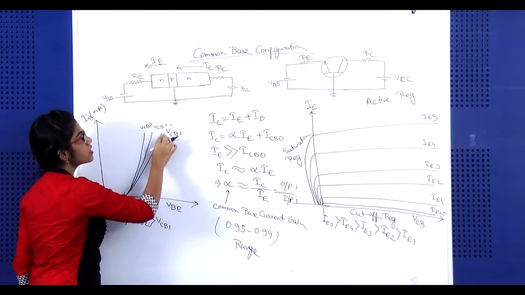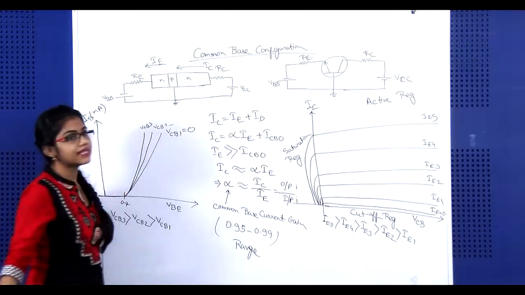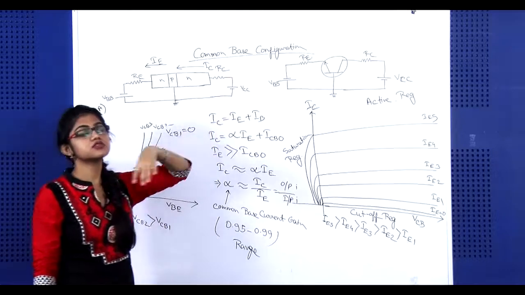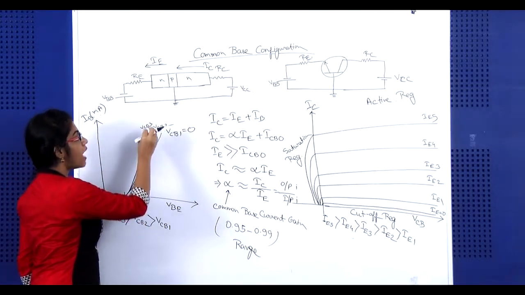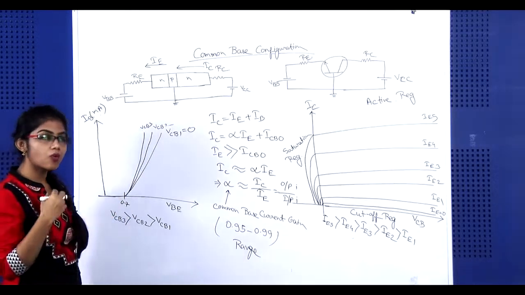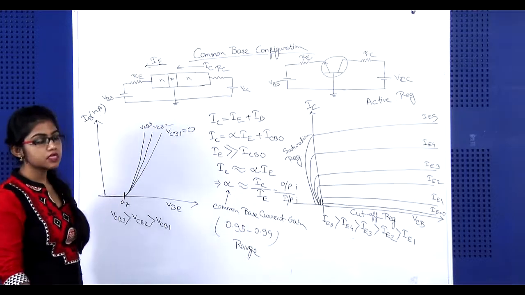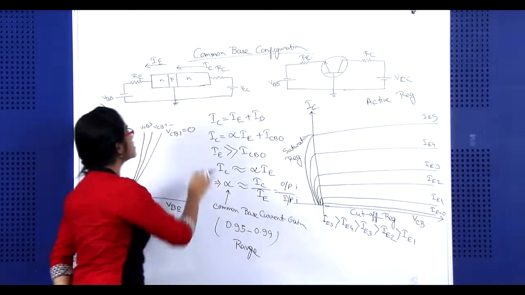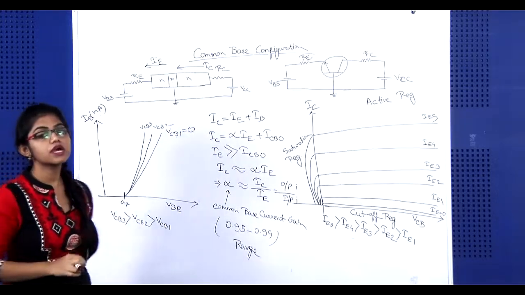Now, suppose VCB1 is equal to 0, that means we have considered this reverse bias voltage is equal to 0. So, what will be the output waveform if you want to increase this reverse bias voltage? If you increase now the reverse bias voltage, then obviously the barrier at this second p-n junction diode will be more.